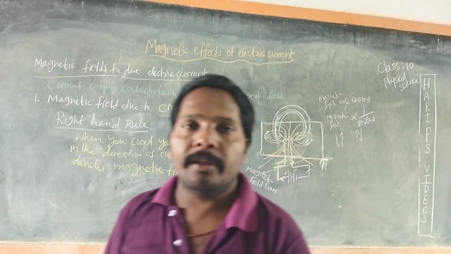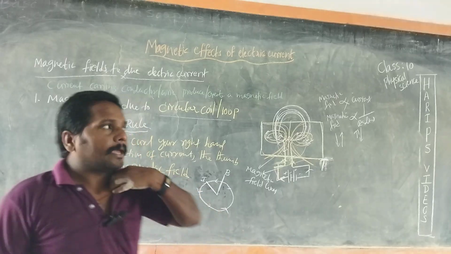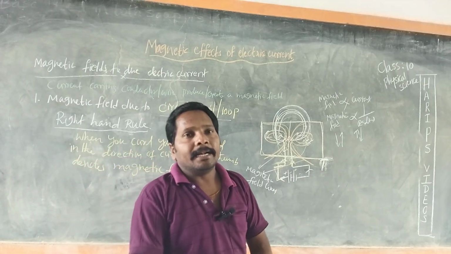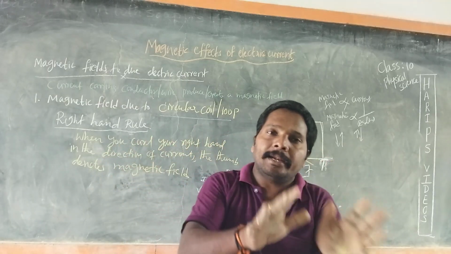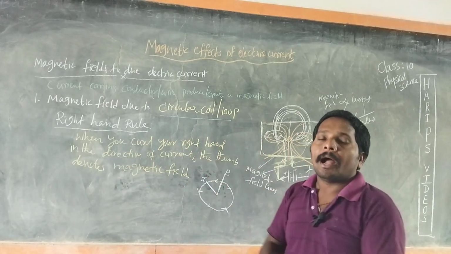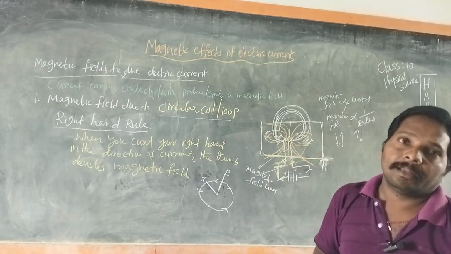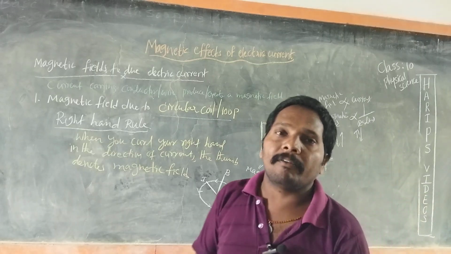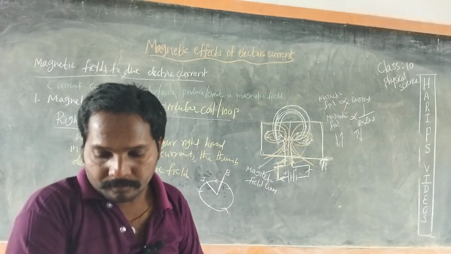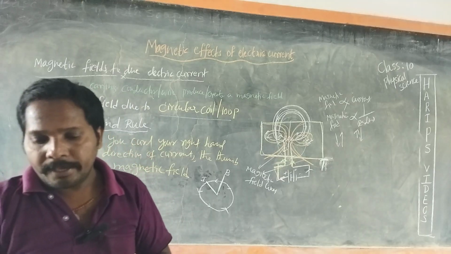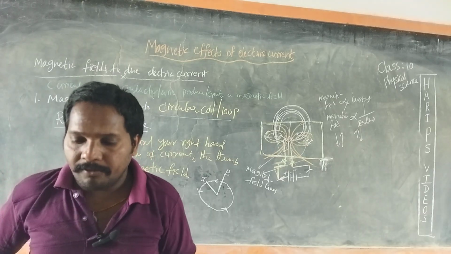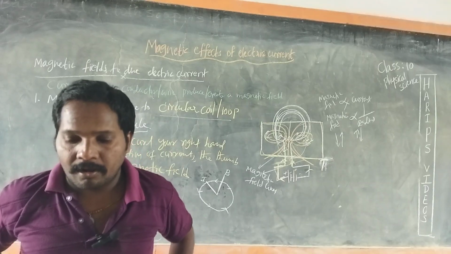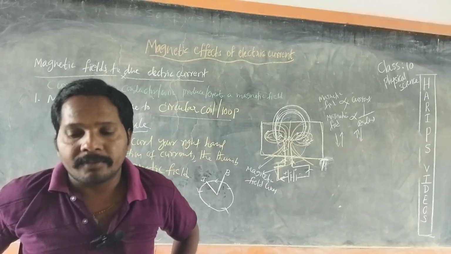So the magnetic field produced by a current carrying circular loop or coil depends on the amount of current passing through the circular loop and is inversely proportional to the radius of the circular loop. In this discussion, we consider the magnetic field produced by a circular loop which consists of only one turn of the wire.